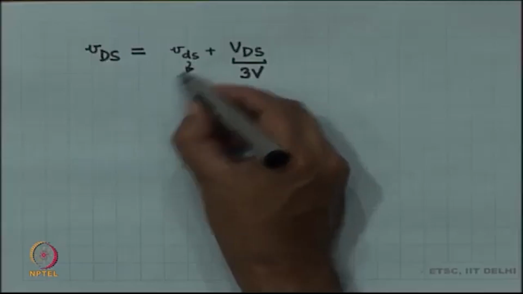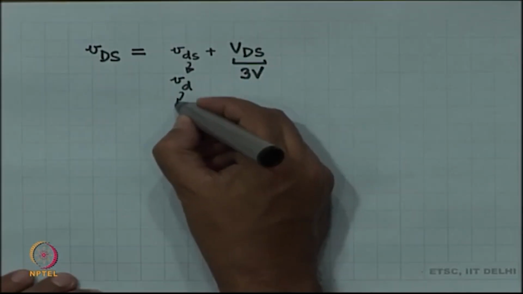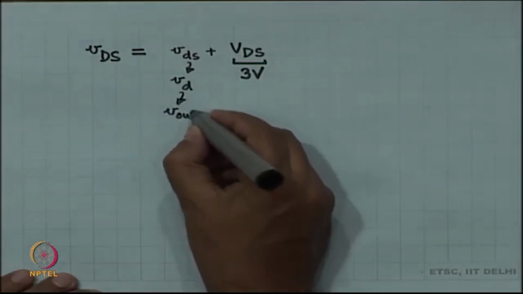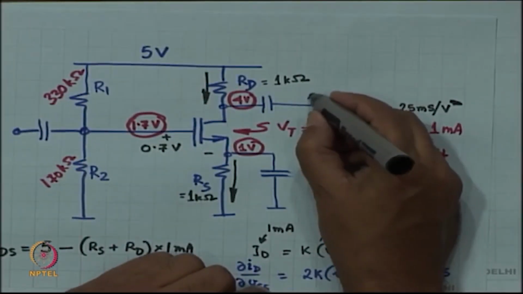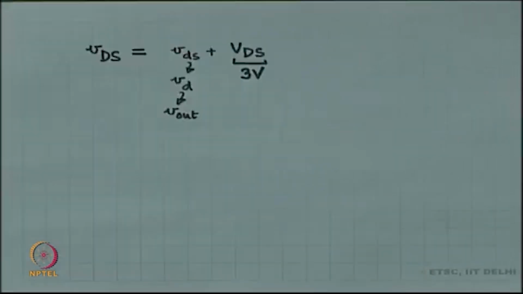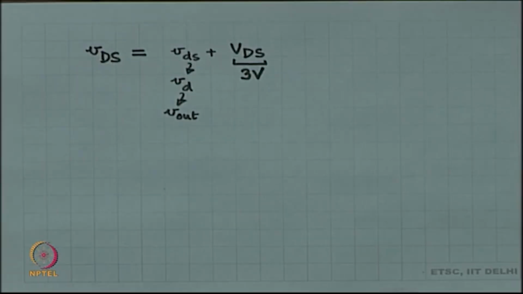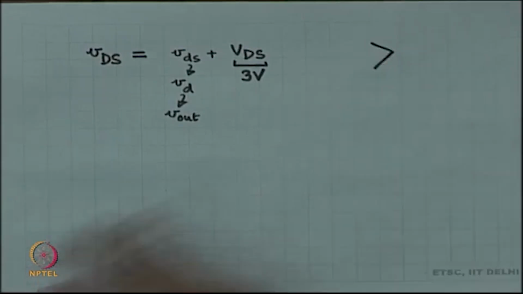So, this is nothing but small Vd minus 0, they are the same in this case, because there is a capacitor between source and ground. All right. And this is the same as the output. Fine. Now, I need to make sure that this drain to source voltage is more than VGS minus VT.